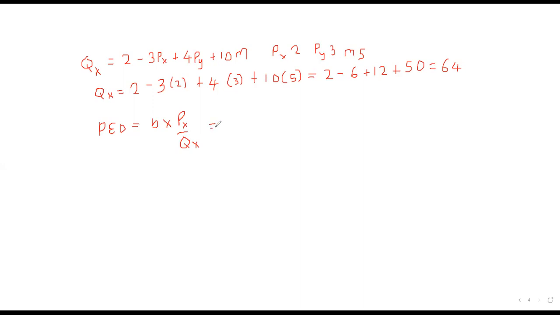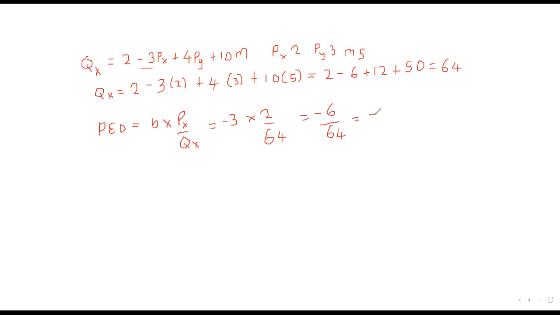So the B is what? Negative 3. What was the price of X? 2. What is our Q? 64. So what are we getting? Negative 6 over 64. What is it giving us?